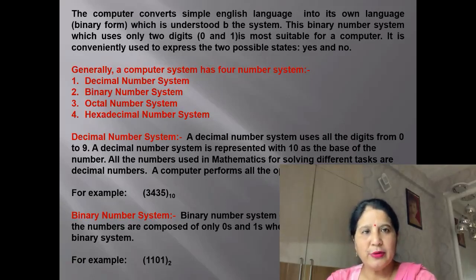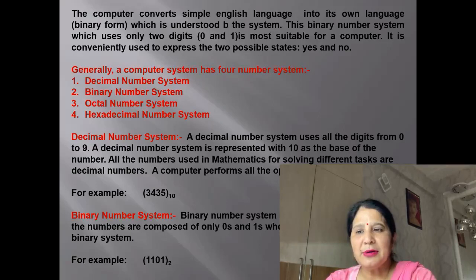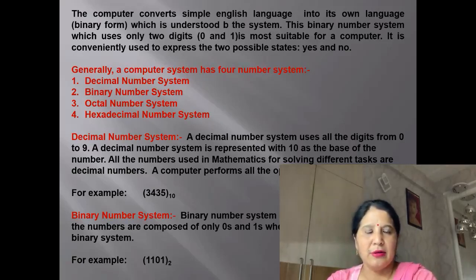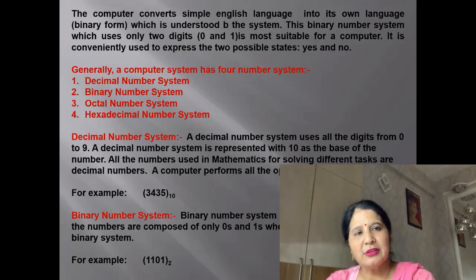First, I am explaining decimal number system. A decimal number system uses all the digits from 0 to 9. In decimal number system, we will use the numbers which start from 0 to 9. A decimal number system is represented with 10 as the base of the number.